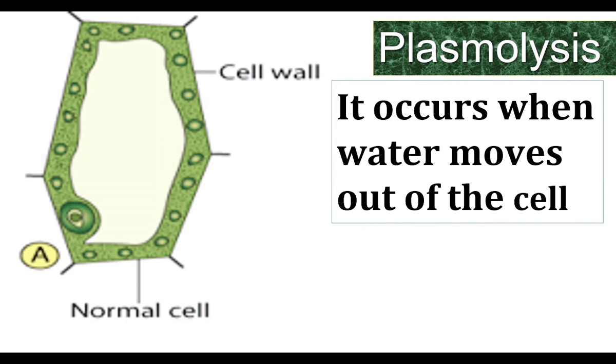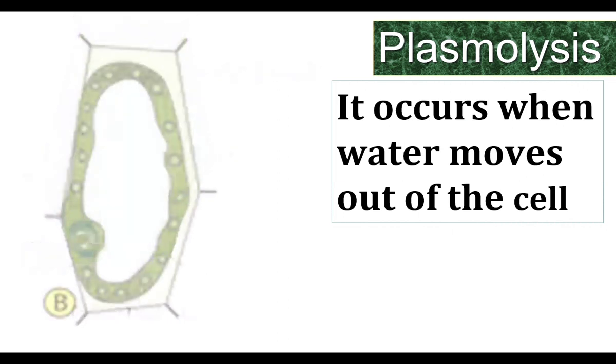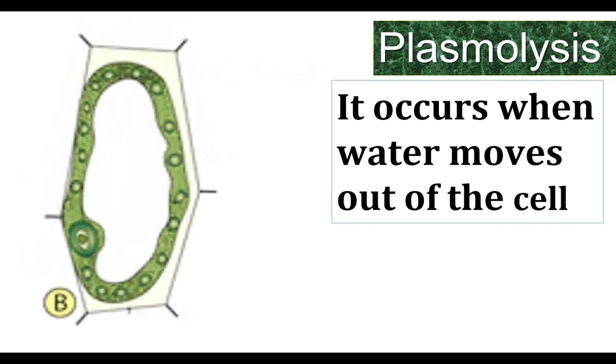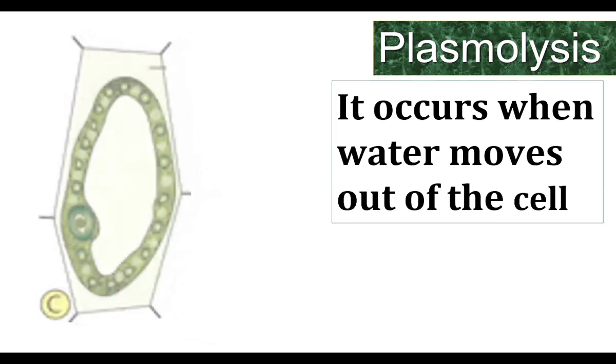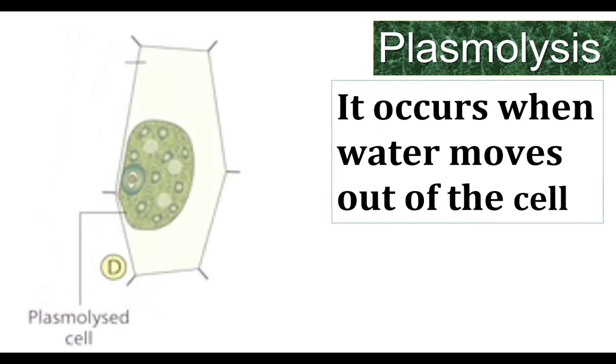The plasma membrane shrinks and moves away from the cell wall. As water moves outside, the plasma membrane constricts. Due to further loss of water, the plasma membrane again moves from the cell wall. Finally, the cell becomes a plasmolyzed cell.